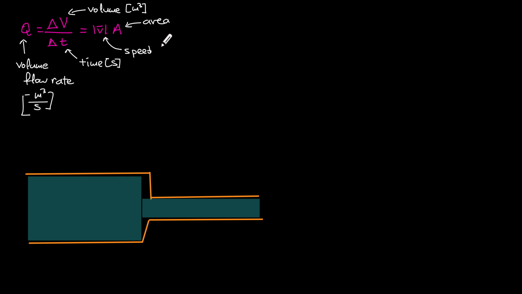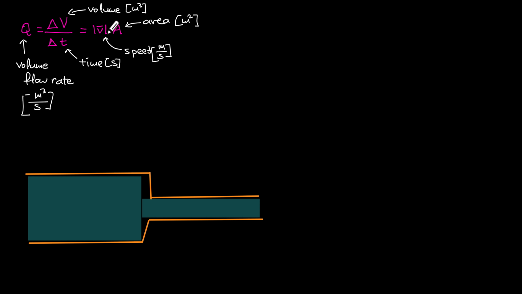Now, I want to remind you that the units of speed are meters per second, and the units of area are meters squared. So meters per second times meters squared also gives you meters cubed per second, which it should. The units at the end should be the same: Q, delta V over delta t, and the speed times the area.